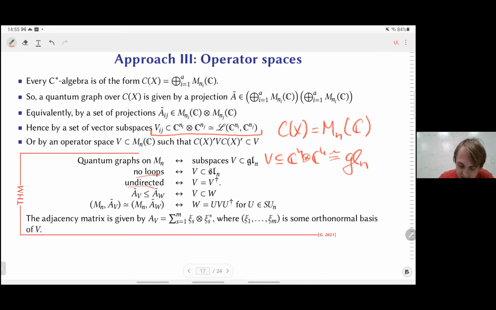If they are undirected, then this operator space is self-adjoint, so you could write something like V is inside the unitary Lie algebra. Taking those two together, you have V inside the special unitary Lie algebra. Sorry, here the dagger is the usual conjugate transpose of those matrices.